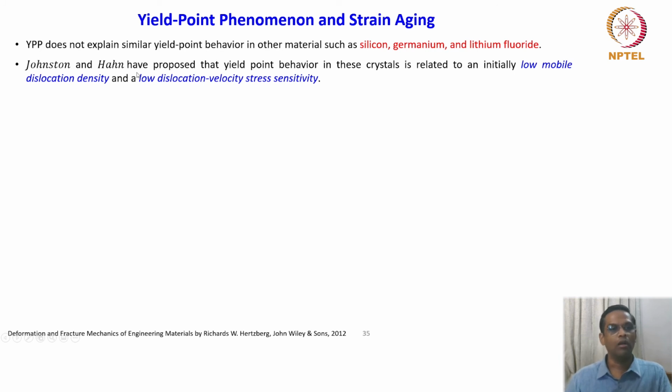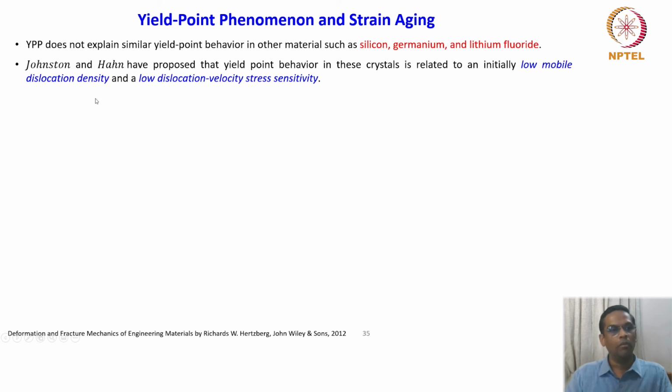Johnston and Horn have proposed that yield point behavior in these crystals is related to an initially low mobile dislocation density and a low dislocation velocity stress sensitivity. It is a bit complicated description, but it's still an interesting point to note. We are bringing two parameters to explain the yield point phenomenon other than in low carbon steel.